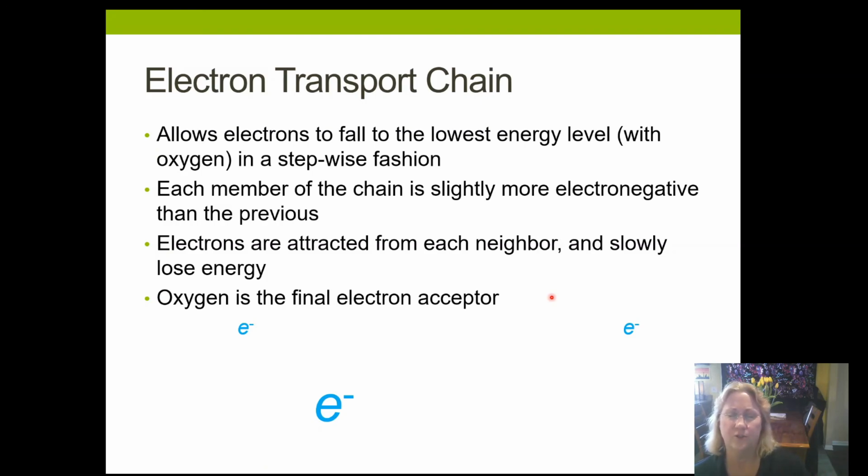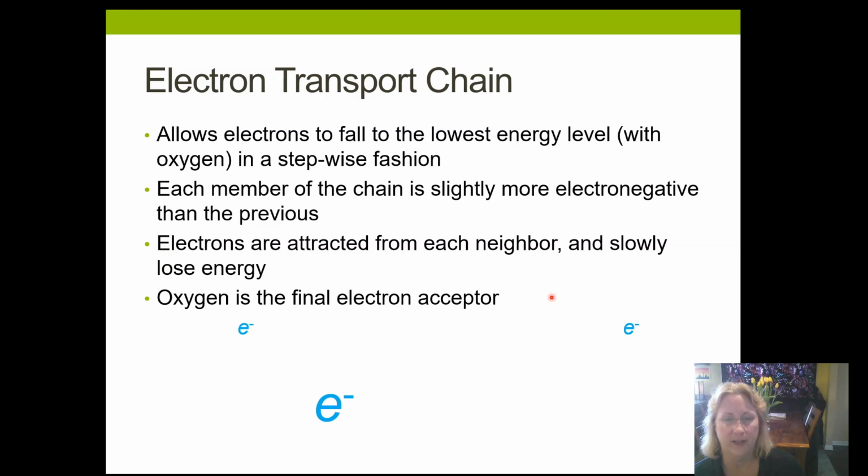So the electrons are drawn down this electron transport chain, sort of like electrons moving in a circuit. And when oxygen is present, oxygen drags the electrons off of the end of that circuit and allows the electrons to flow. And without oxygen, the electrons don't flow.